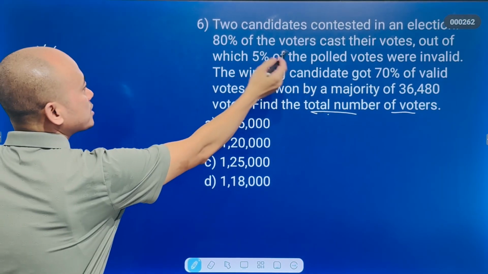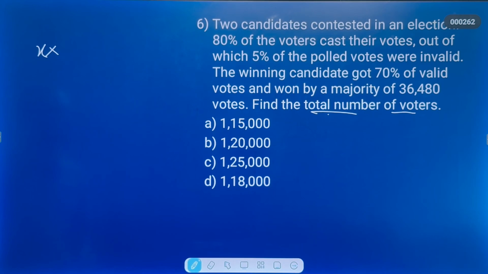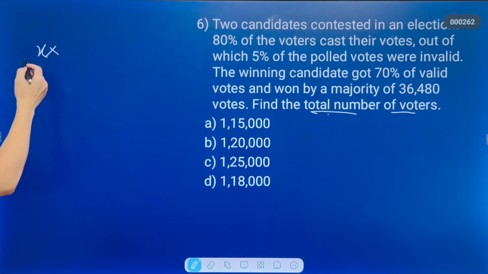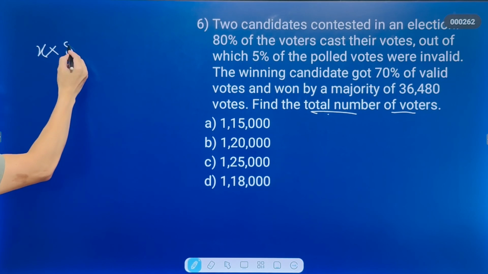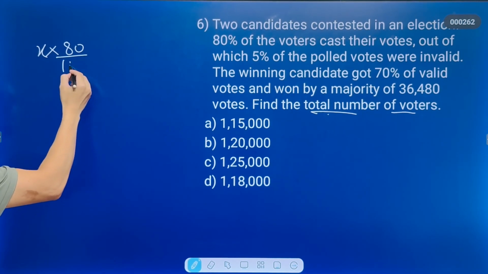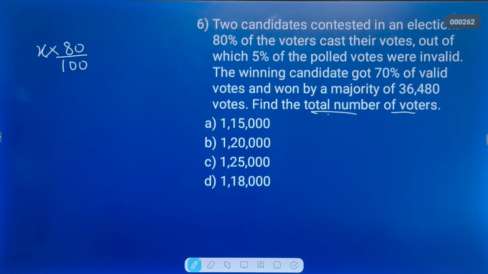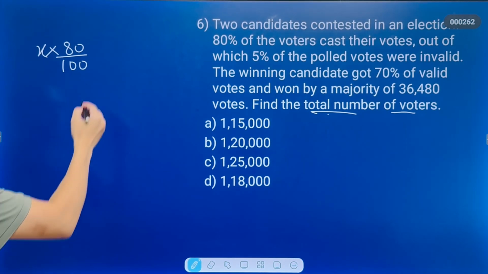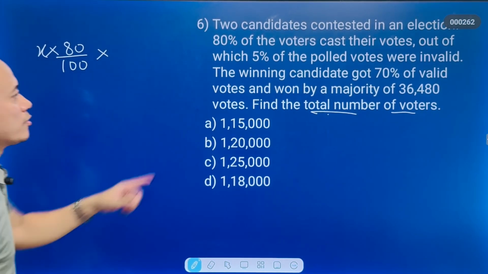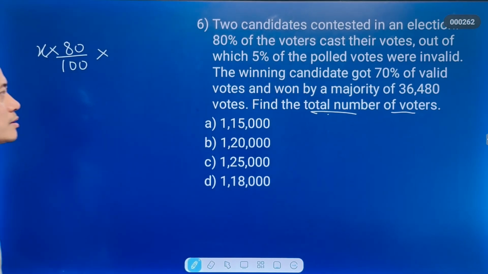Then 80% of the voters cast their votes, that means 80% of x cast their votes, out of which 5% of the poll votes were invalid.